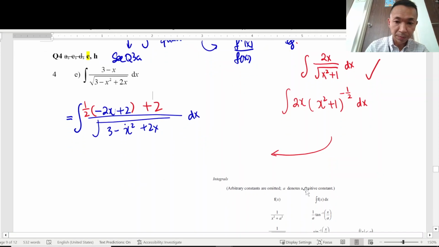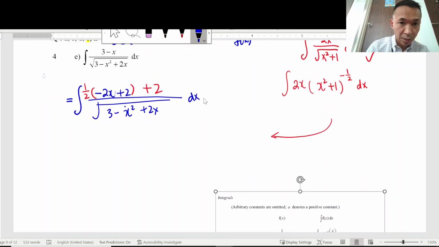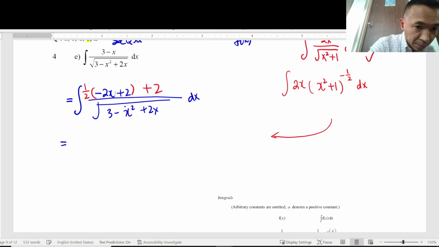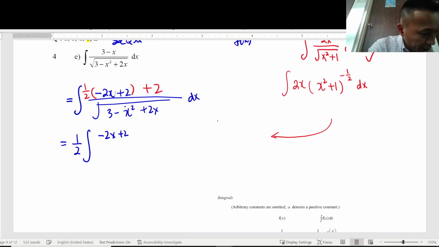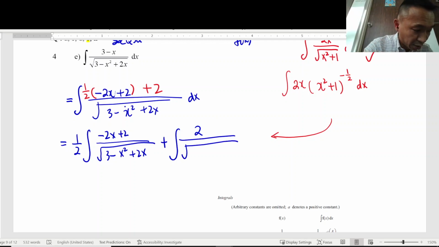So, next. I get a half, integrate, minus 2x plus 2, plus integrate 2 over, I'm going to complete the square for the denominator now, all right, which is a 4 minus x minus 1 squared.